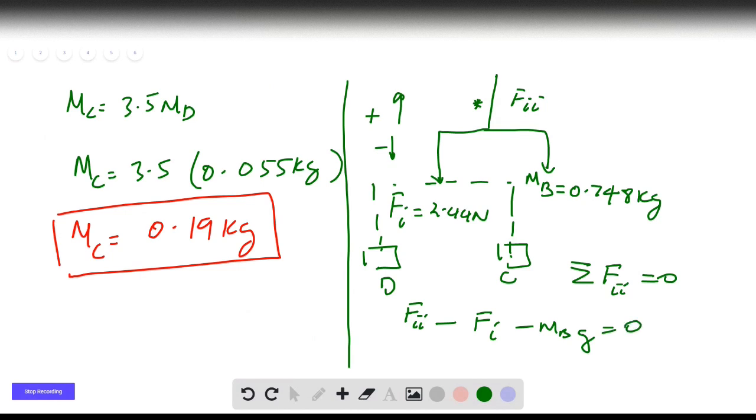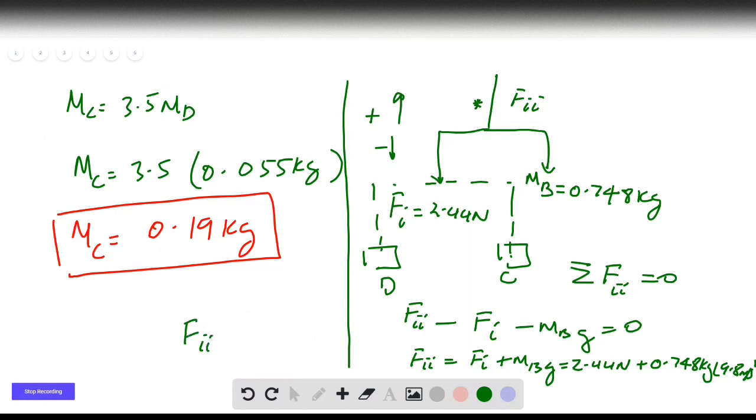So to get F2, we need to take F1 plus MBg. F1 was 2.44 newtons plus MBg, the weight of B, 0.748 kilograms times 9.8 meters per second squared.